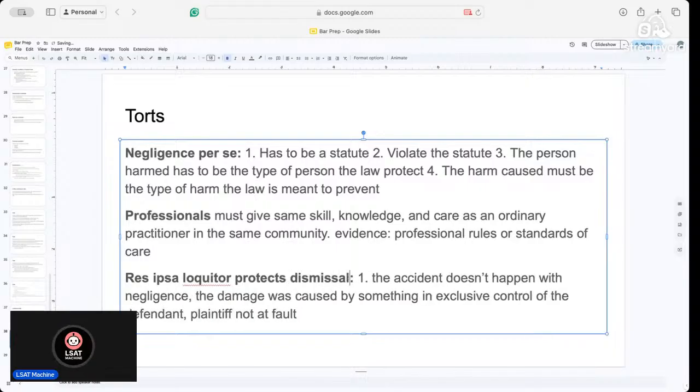So if you're bringing a negligence case against somebody and you can convince the court that whatever happened, the only way it happened was because someone was negligent, then you'll survive any attempt they make to dismiss your claim. But that's about it. It doesn't mean you won the case.